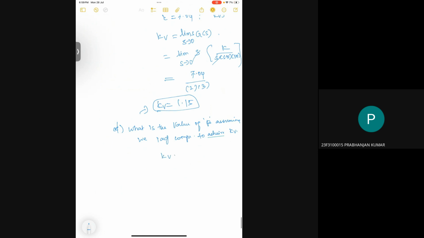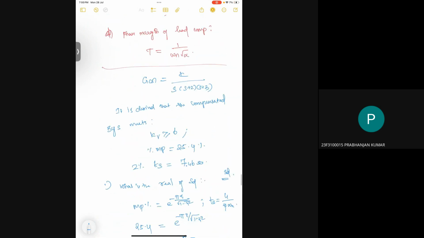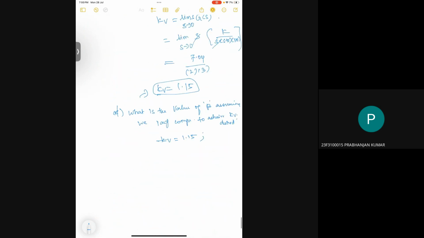So we know Kv equal to 1.15 and the desired value. Sorry, to achieve the desired value, not the above value, desired Kv. Desired Kv was given as greater than or equal to 6, right? So this is the actual Kv.